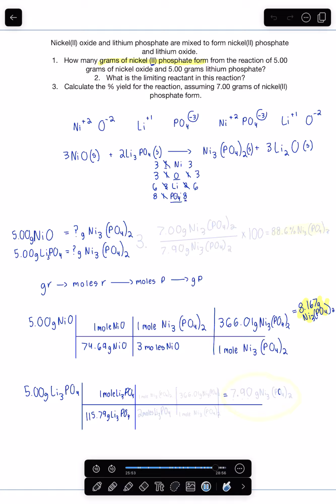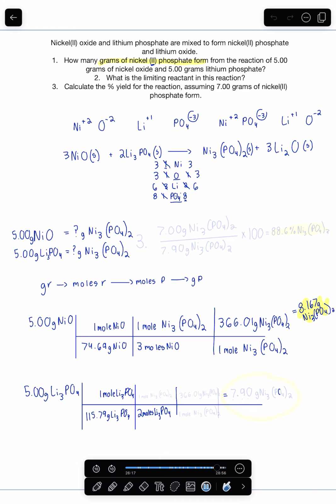So we have 2 moles of lithium phosphate in our equation, and we have 1 mole of nickel phosphate in our equation.